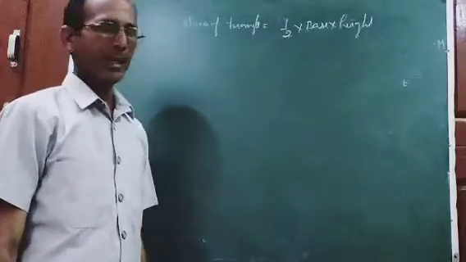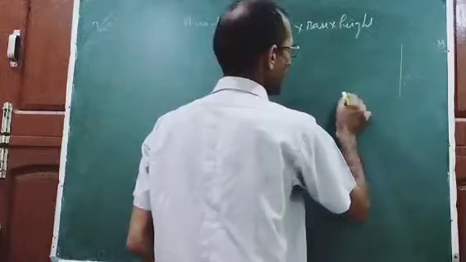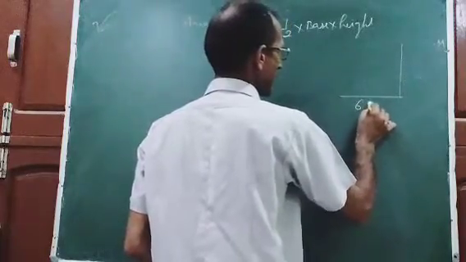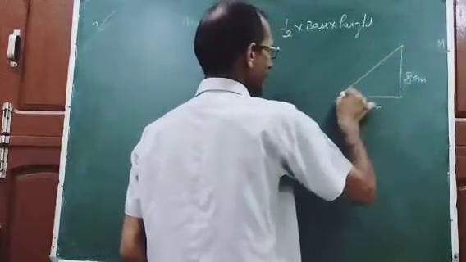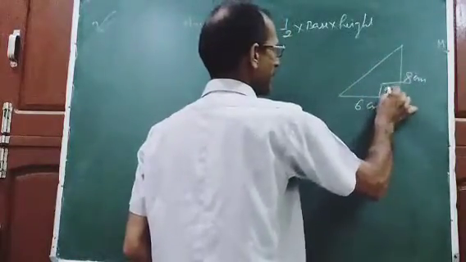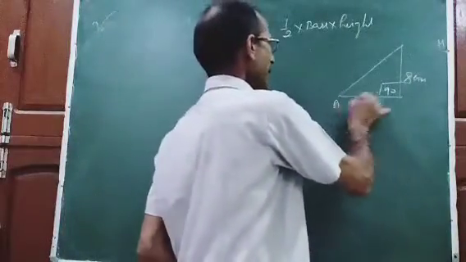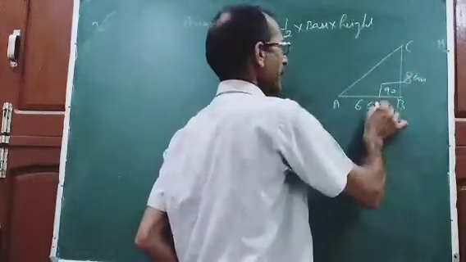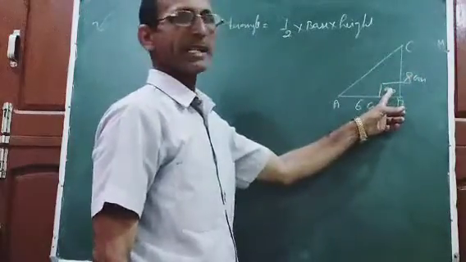This is the formula. So now I am taking one triangle whose base is 6 centimeter, perpendicular is 8 centimeter, and this is a right angle triangle. It means this angle is 90 degree. So in triangle ABC, AB is base and BC is perpendicular and angle B is 90 degree.